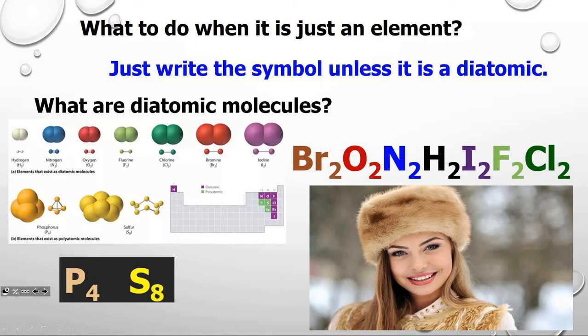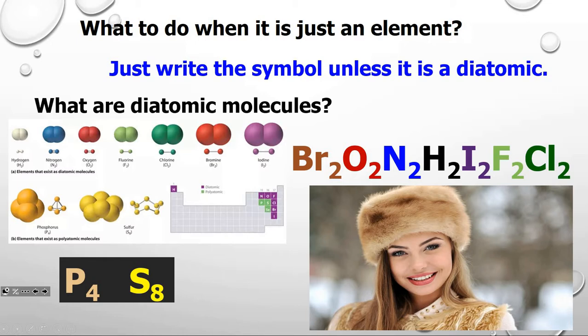But sulfur does like to hang around like that. Phosphorus, you can see it's in a triangle. There's actually 3 types of phosphorus, white, red, and black phosphorus, and they all react differently. Sulfur is almost like a chair shape, but it's 8, and it goes up and down around. They sit on top of each other, and we make vulcanized rubber because of that. So these are ones that we're going to need to know.